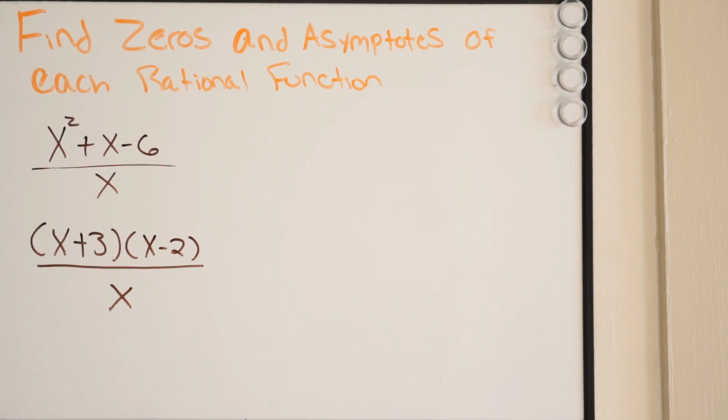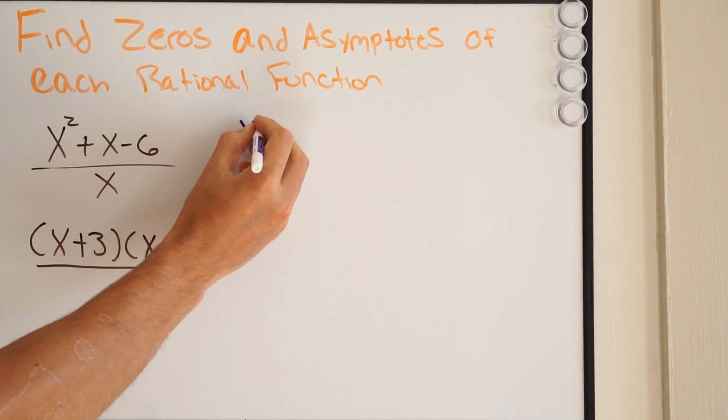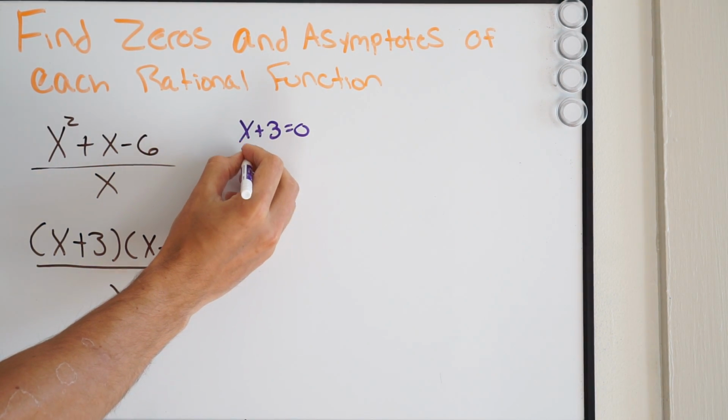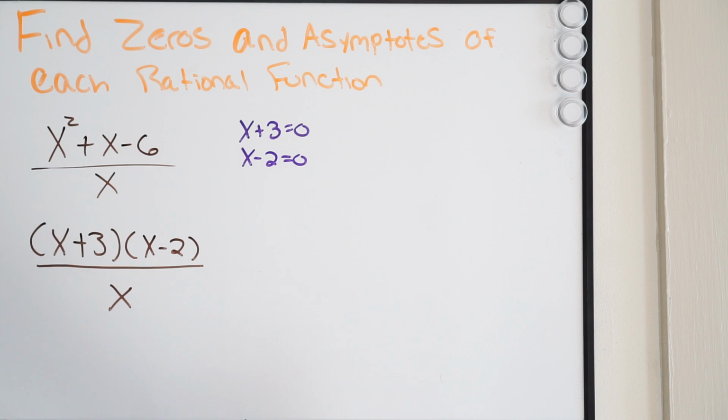Now that we have it all factored out, we can start determining what the zeros are going to be. Remember, to find the zeros you look at your numerator and set it equal to 0. So I'll have x plus 3 equal to 0, and x minus 2 equal to 0.